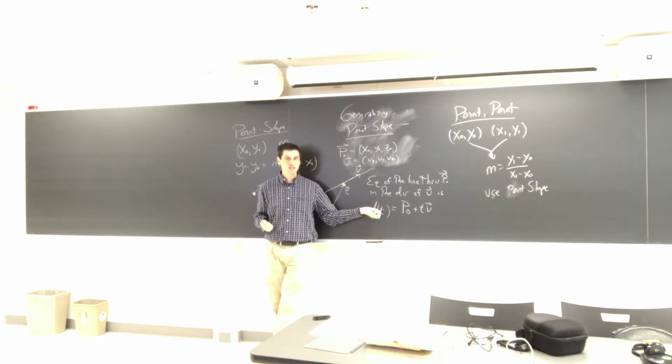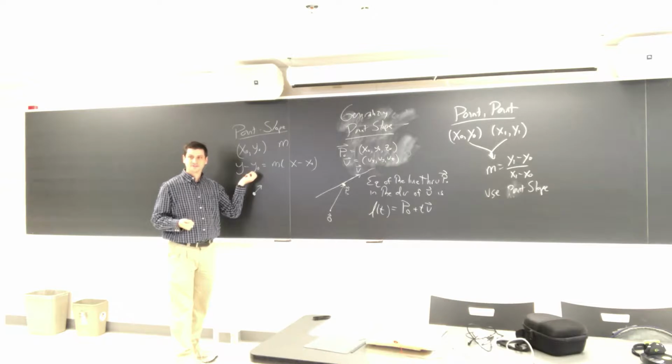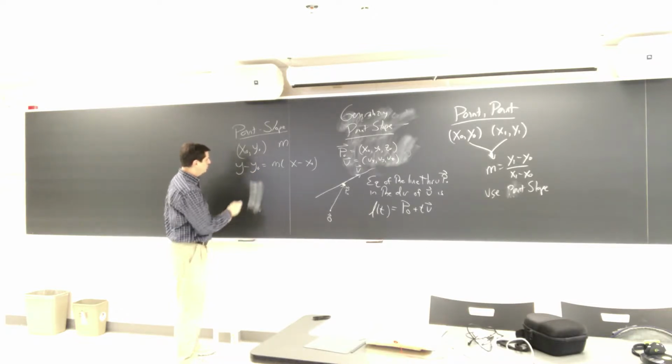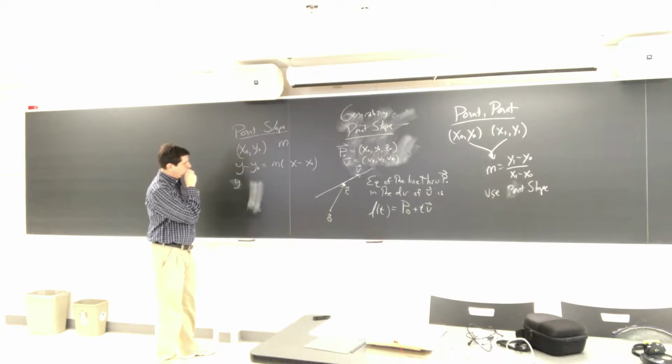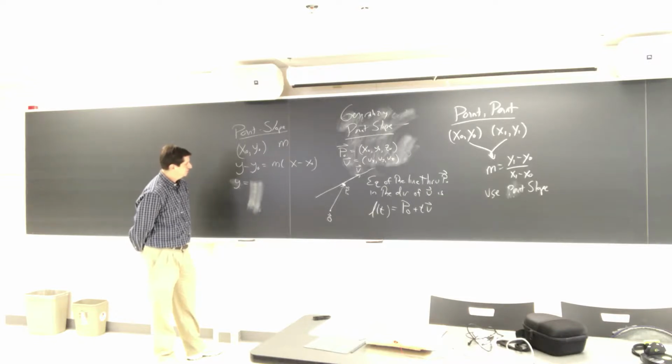You give me some value t, I can figure out where I am. Does this reduce to what we've seen here? So let's see how we could rewrite this. So we've got y is equal to, let's see, how do we want to write this?